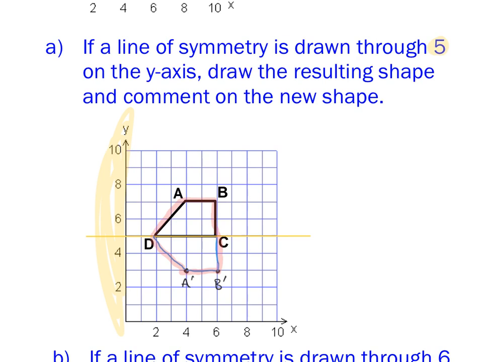A 5-sided shape is known as a pentagon. So we would say that the new shape is a pentagon. And again, a pentagon is a 5-sided shape. Okay? All right. Now we'll go on to part B.